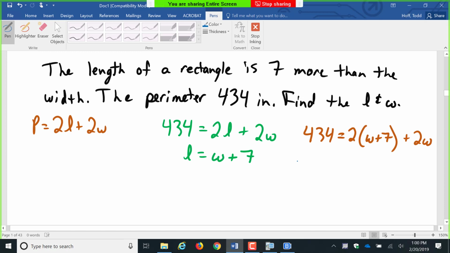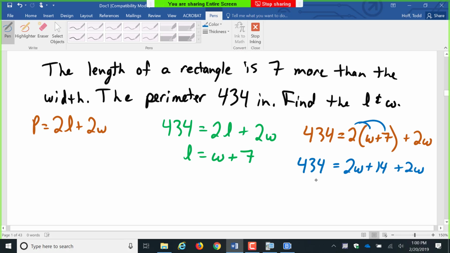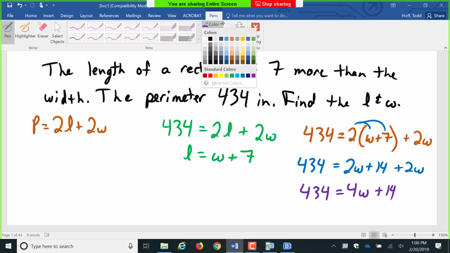What next? Distribute the 2 to get 2W plus 14 plus 2W. And then combine like terms. So 434 is going to equal 4W plus 14.